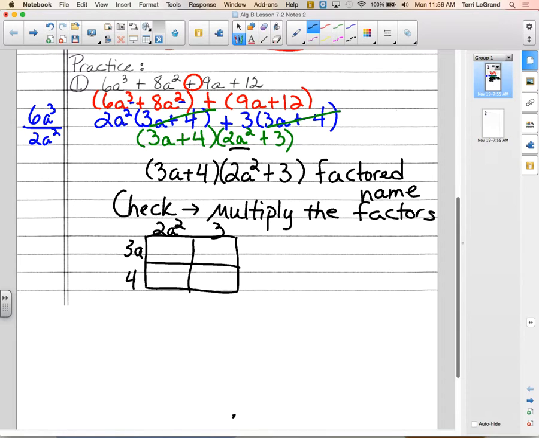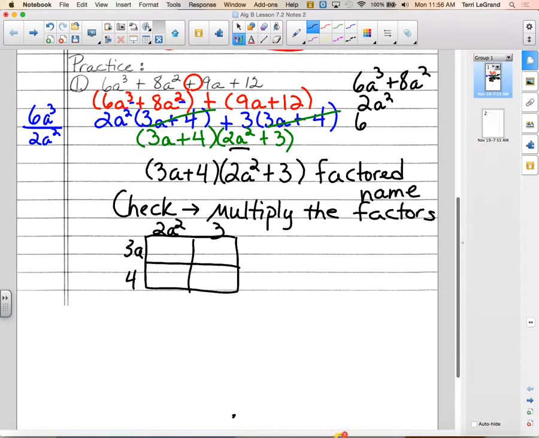But see what happens, JC, is when we divide, remember when we GCF something? If all I had to do right now was GCF 6a cubed plus 8a squared, I would say the GCF is 2a squared, right? And remember what our work was.